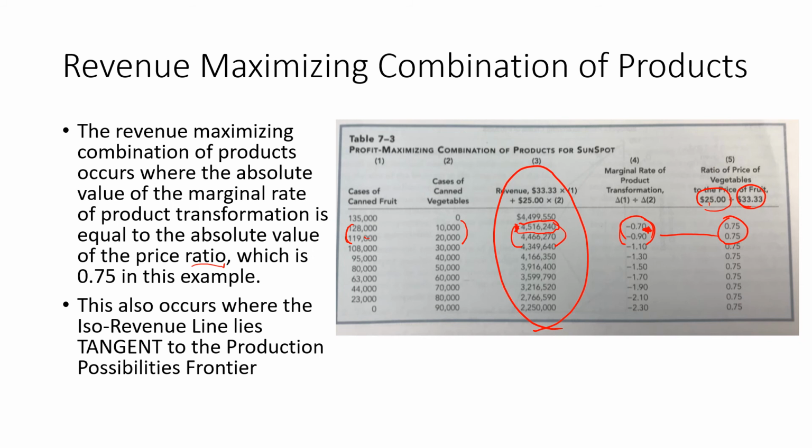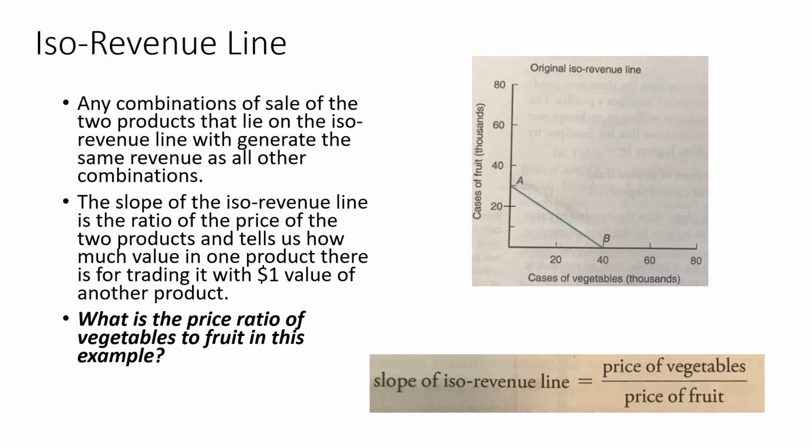It also occurs where the ISO revenue line is tangent to the production possibilities frontier. We haven't talked about the ISO revenue line, but we're going to do that now. The ISO revenue line is related to some of the things that we've talked about earlier. All points on the ISO revenue line represent the same amount of revenue, since ISO means same.